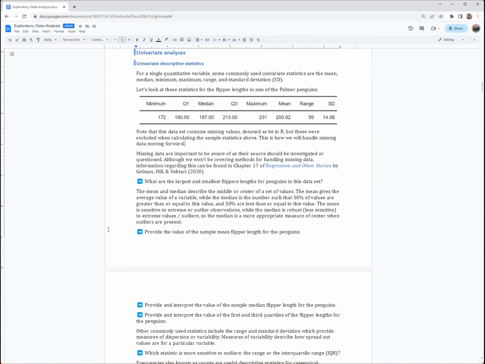Sometimes you can have as high as, say, 50 or 60% of missing values in a data set, in which case the statistics that you actually are able to calculate might be misleading or not representative of the population you are interested in. So it's always important to be careful of that.